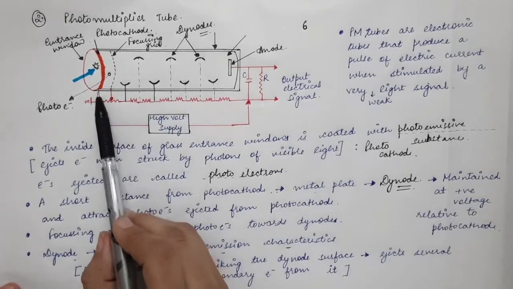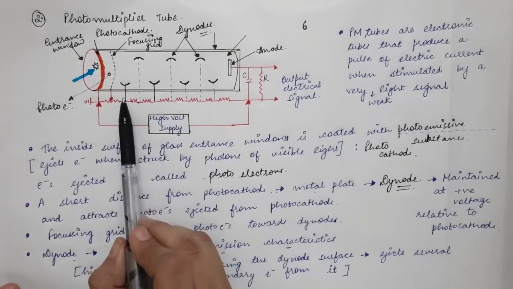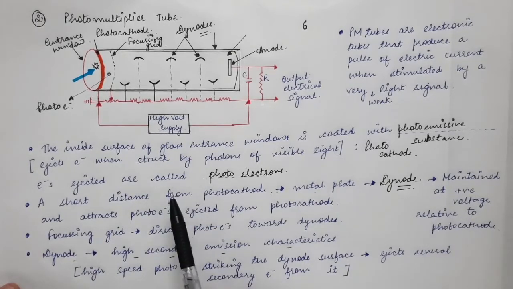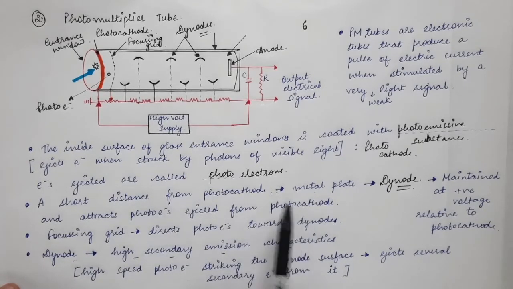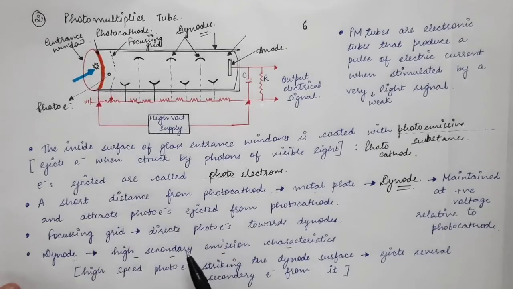So the photocathode is connected to a lower potential, and this first dynode is at a positive potential with respect to the photocathode, and attracts the photoelectrons ejected from the photocathode.